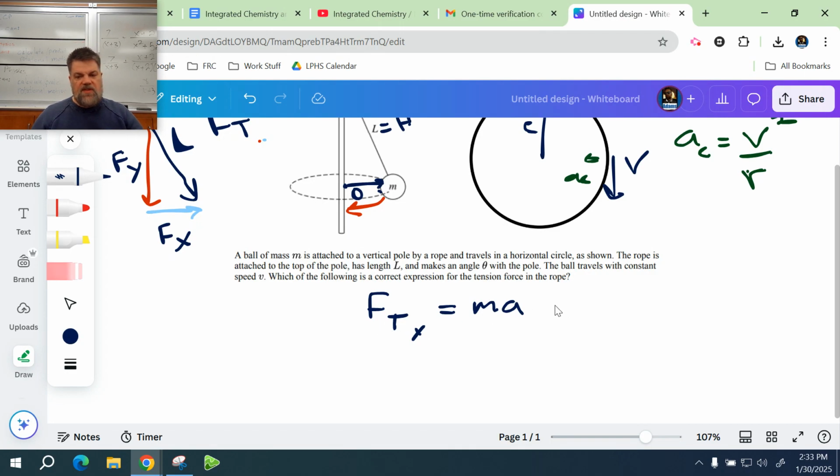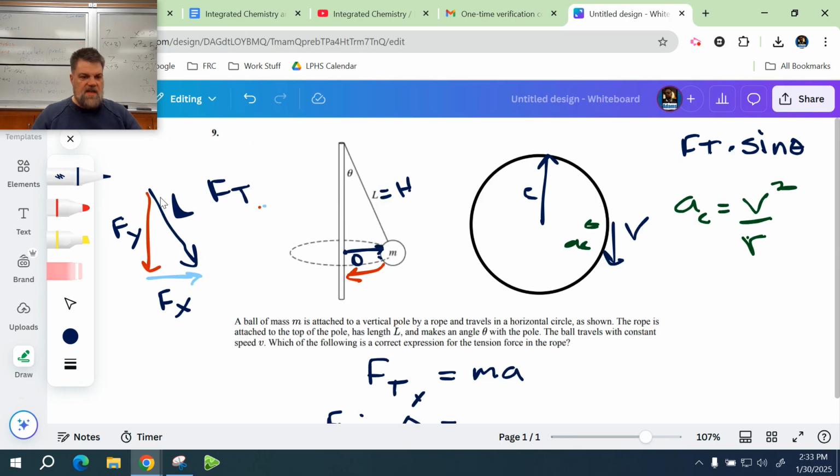Well, if I want to focus on the x component, I would say the force of the tension of the rope times sine. Well, let me write it this way. This might make a little more sense. This would be the force of the tension of the rope times sine of the angle theta, right? That would be the x component because it's the opposite, right?